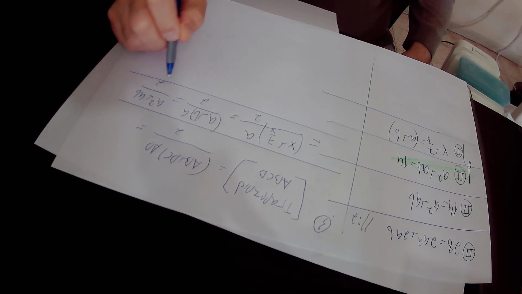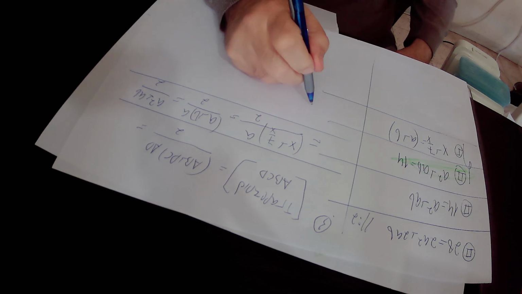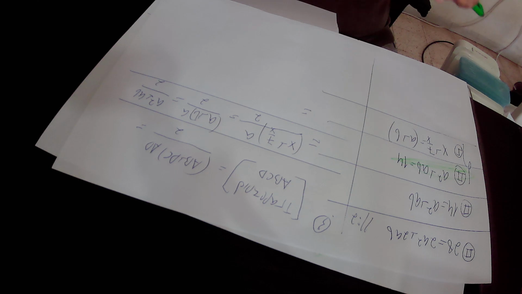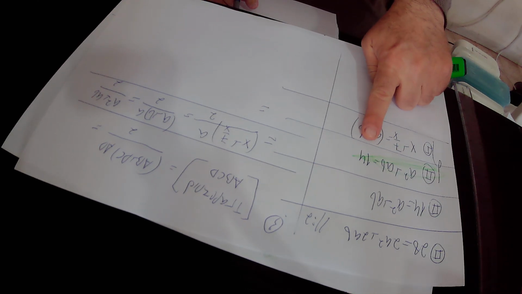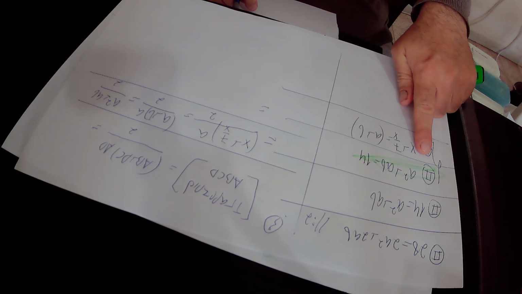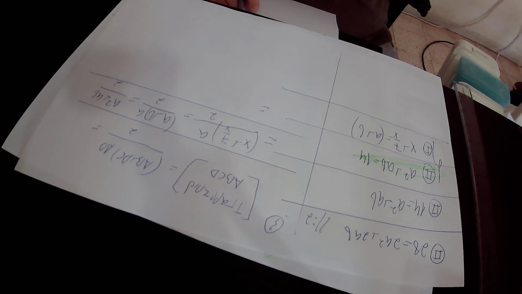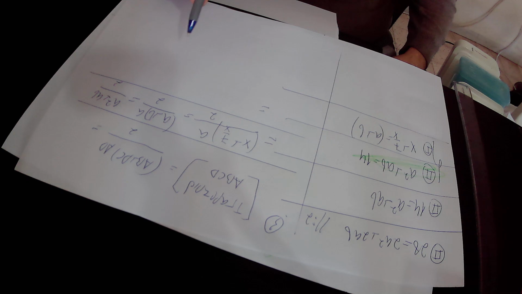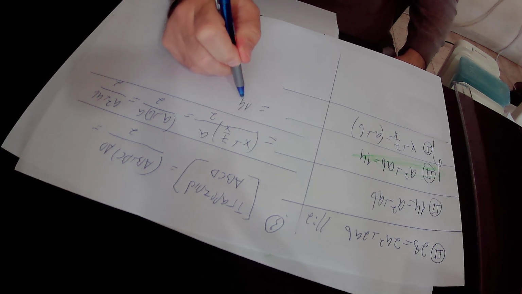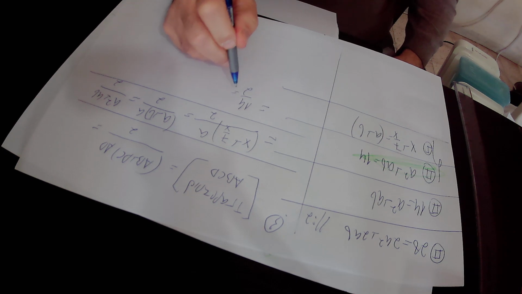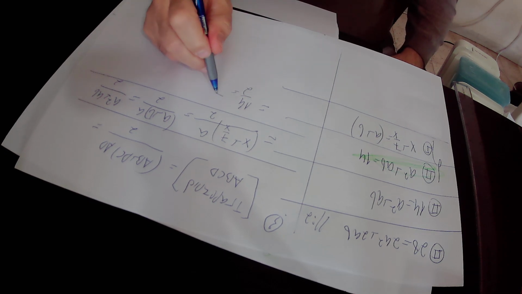Again, the area of trapezoid ABCD equals a squared plus ab over 2. But we already found that a squared plus ab equals 14. This is according to equation 2. Therefore, we can substitute a squared plus ab in this expression by 14. So this expression in total equals 14 over 2, and 14 over 2 is 7.